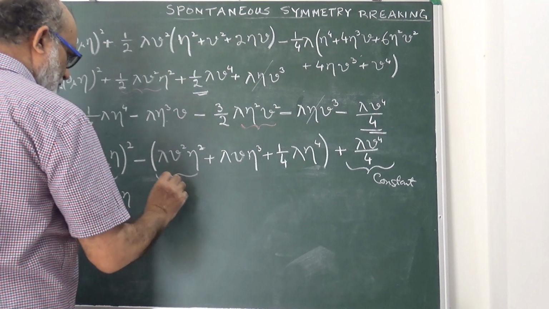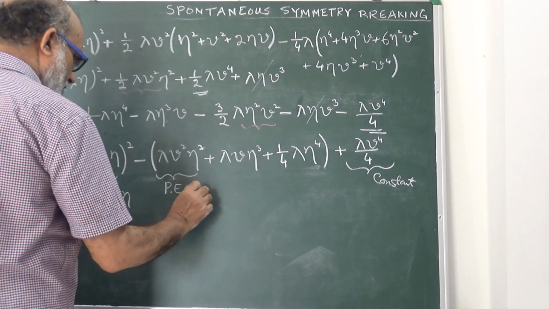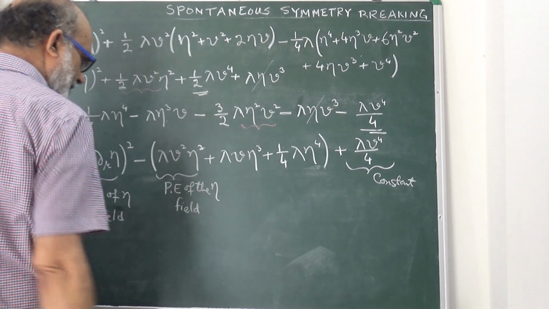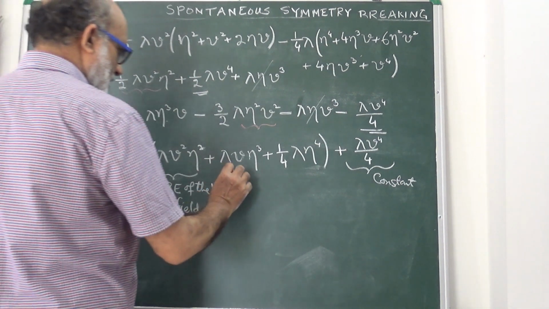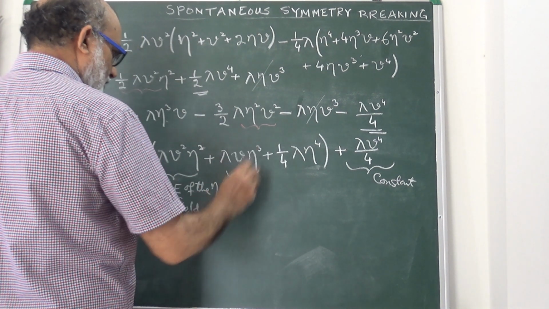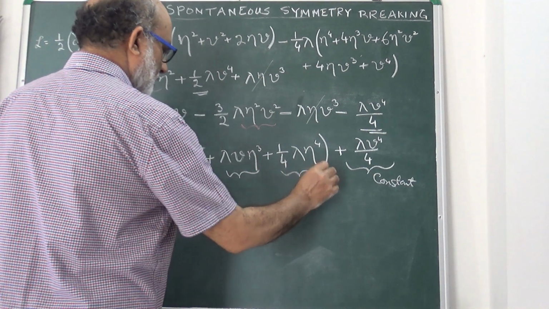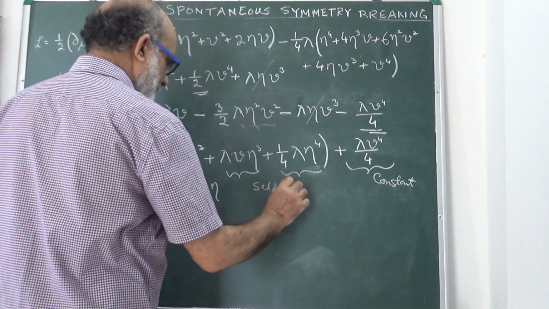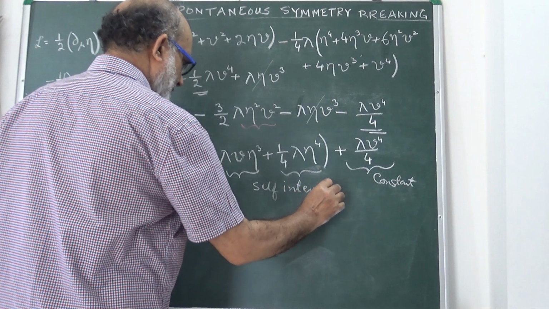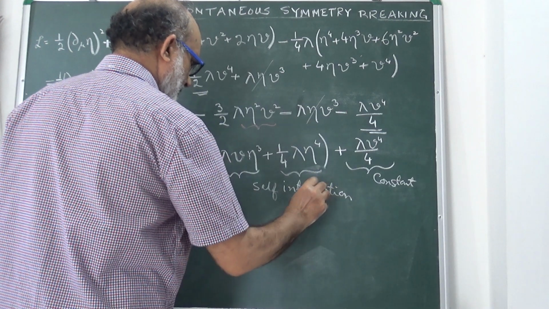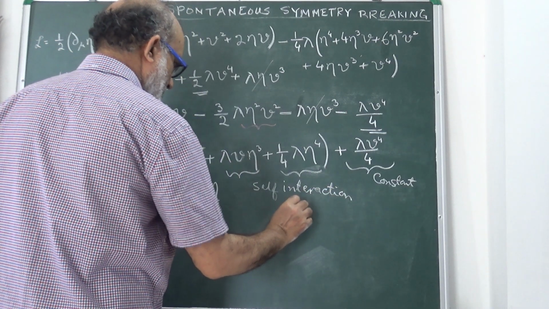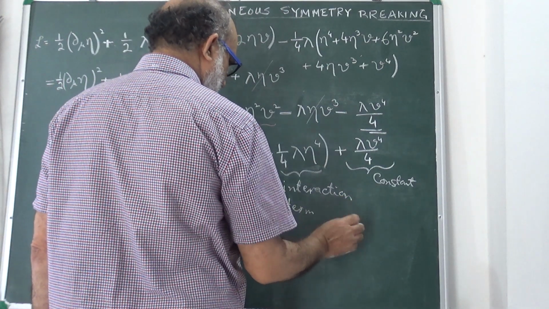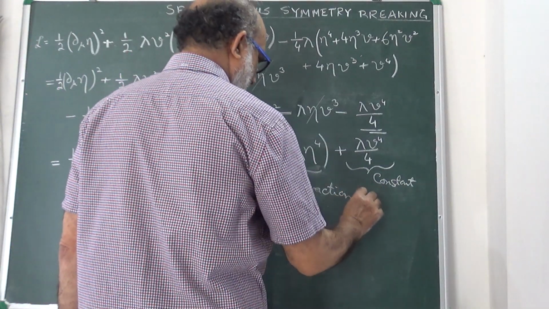This is the potential energy of the eta field without self-interaction, and this is the interaction of the eta fields, and this is also the interaction of the eta fields. So these are self-interaction terms of the eta field.